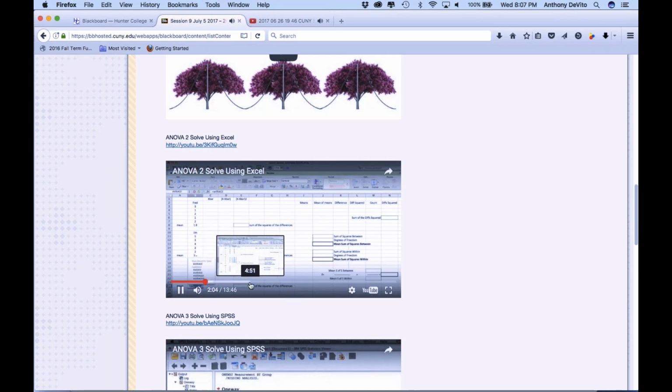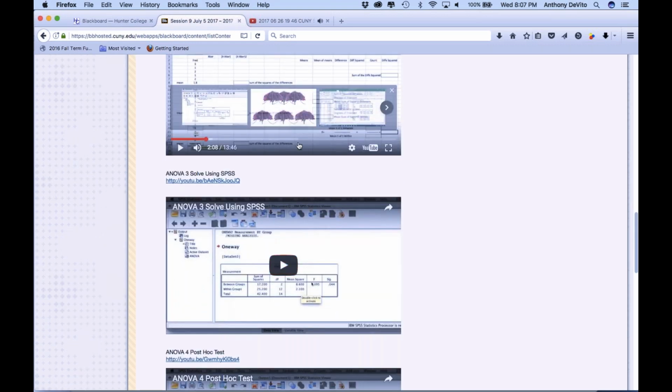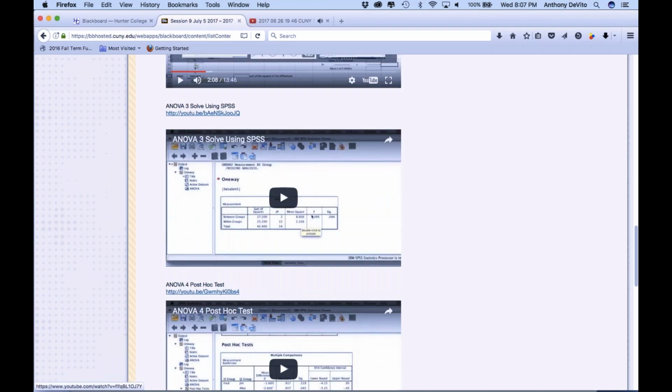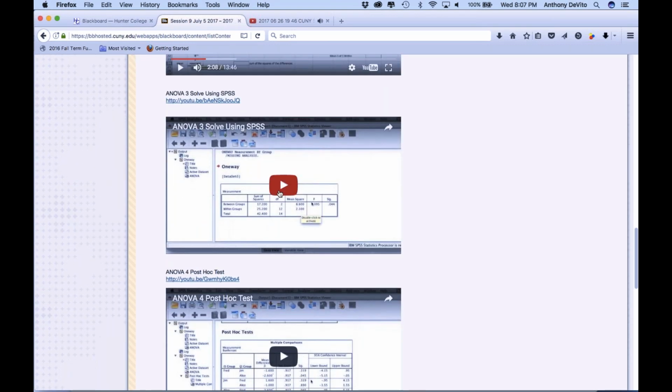And the third thing here is how to do what I did with Excel instead with SPSS, much quicker and much simpler, and use SPSS to do this function, analysis of variance, and reject our null hypothesis.